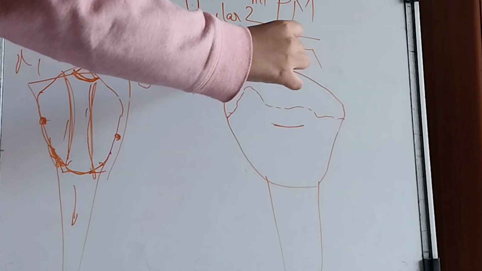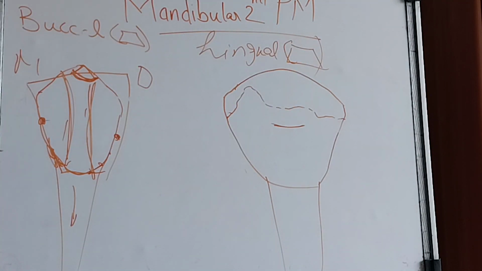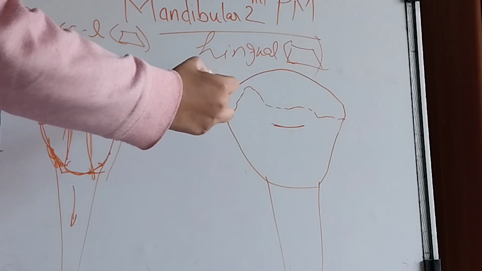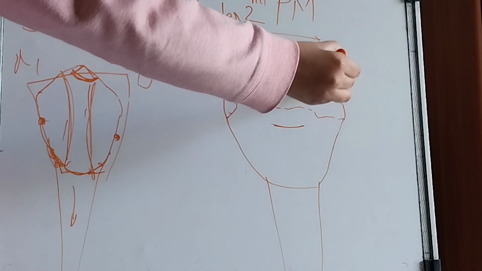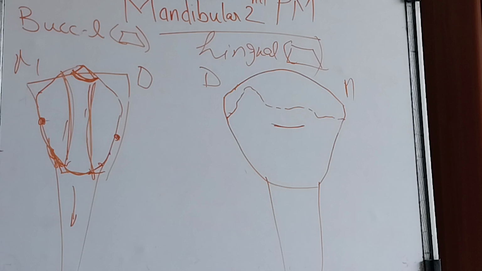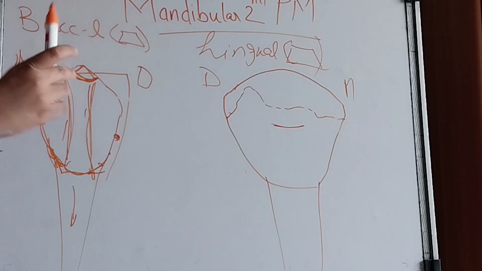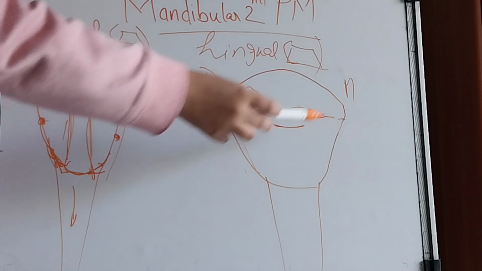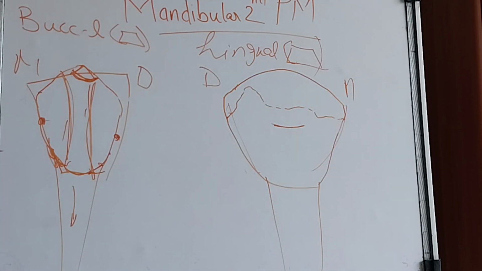This is also trapezium shaped, and looking at the crown outlines, let's see the mesial and distal outlines. They are all similar. When you just flip the tooth, they are all the same shape.